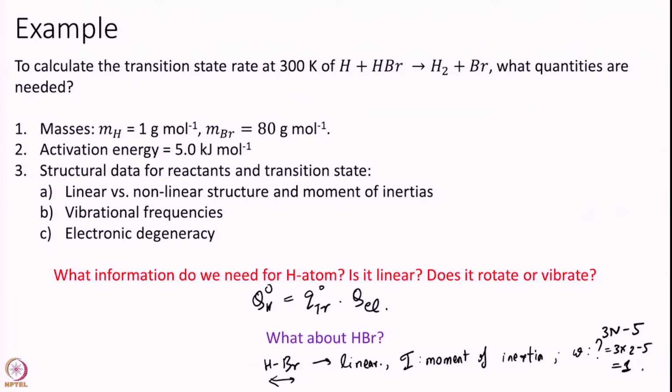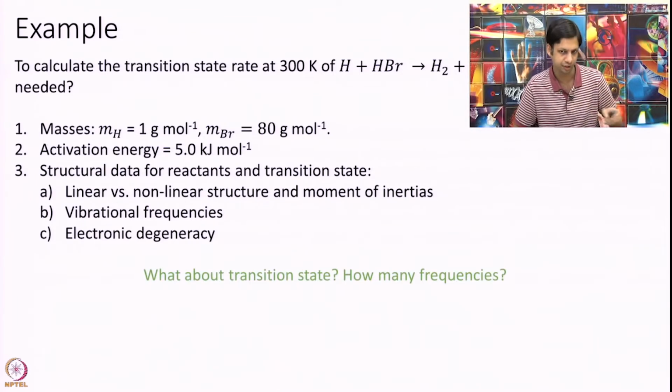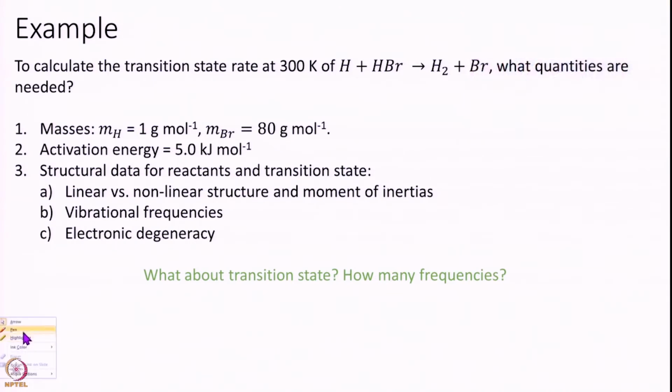Okay. What about the transition state? What do I need for that? Let us start, we are going to assume, to a good approximation, that the transition state is linear. This is information I am giving you. So, then I need one moment of inertia for the transition state.